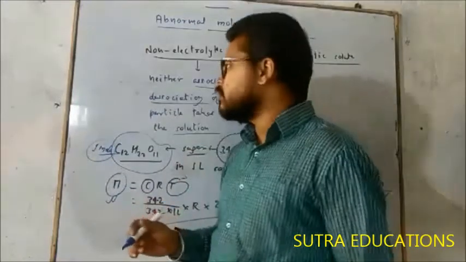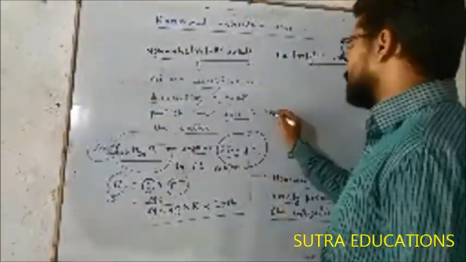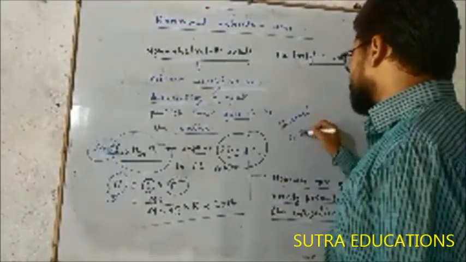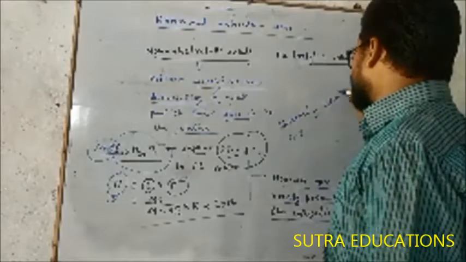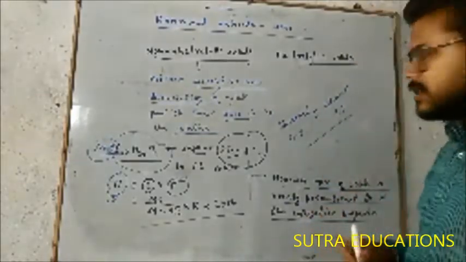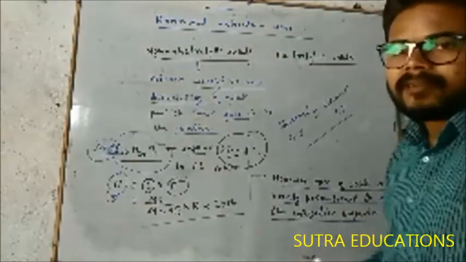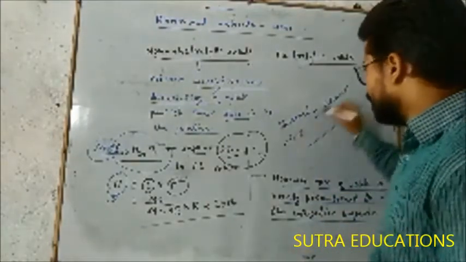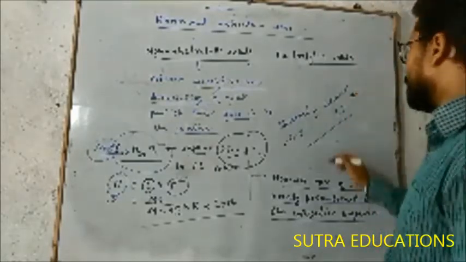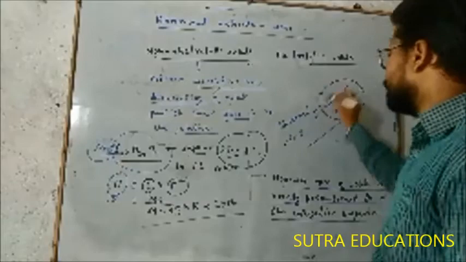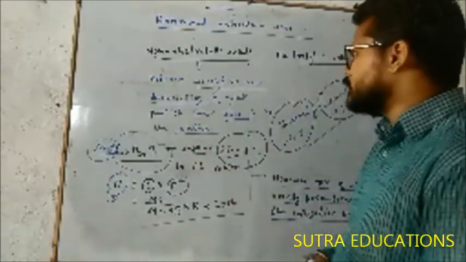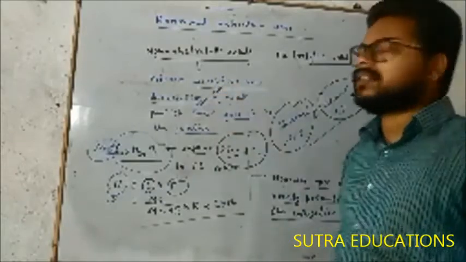In this case, the observed colligative property will be equal to the calculated colligative property. Getting this now? Means there will be no deviation in the result, as the colligative property calculated theoretically will be equal to the observed colligative property. Because neither association nor dissociation is taking place here.